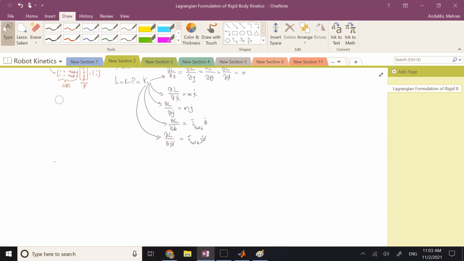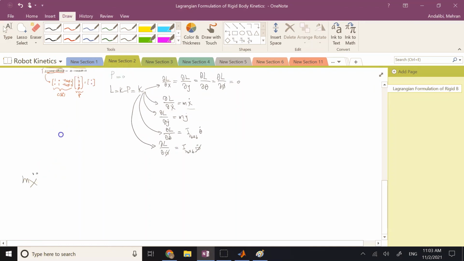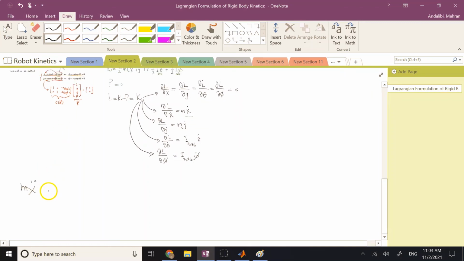So if I do that, then it's going to be d over dt of m x dot, which is going to be m x double dot, minus partial with respect to x, which is 0, and then plus the lambda terms is equal to q of x. We have m y double dot plus the terms due to constraint equals q of y.